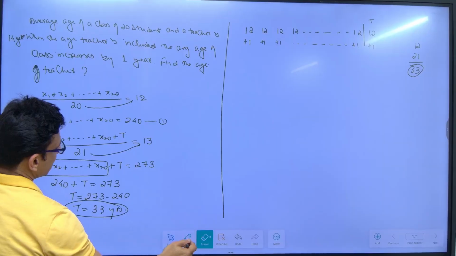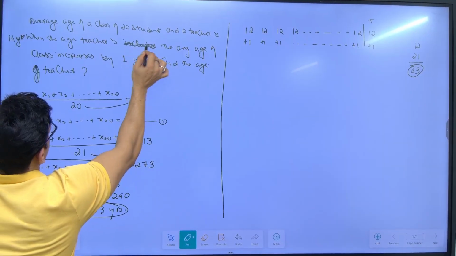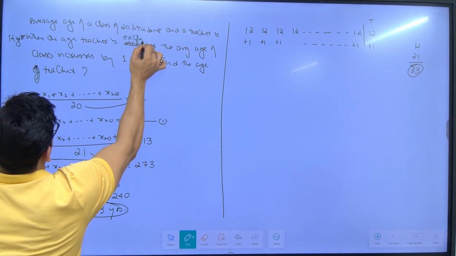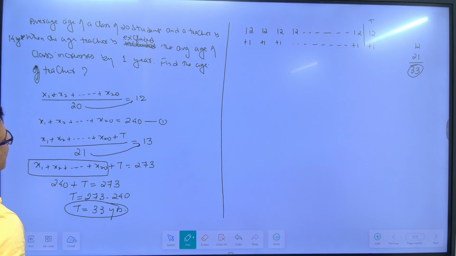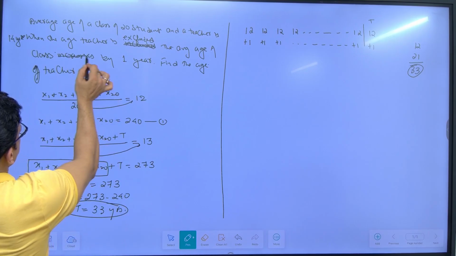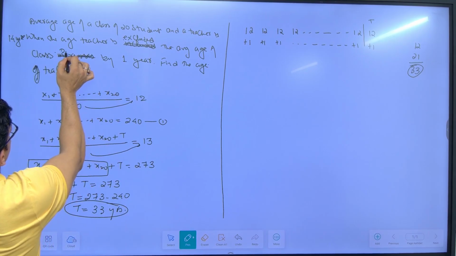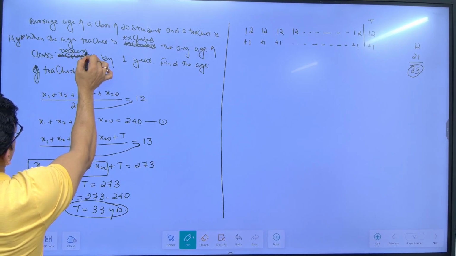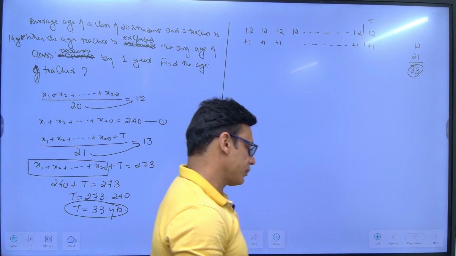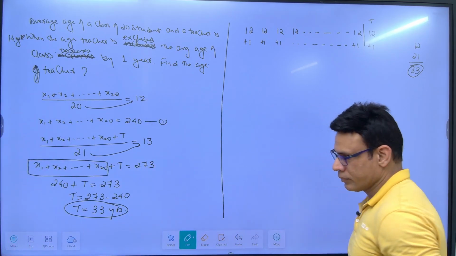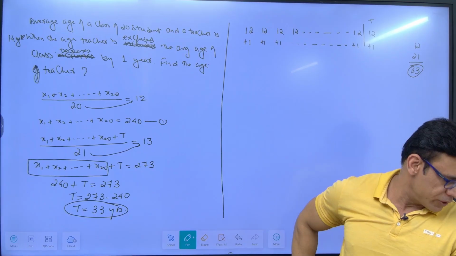The age of the teacher is excluded. The average age of the class decreases by 1 year. Find the age of the teacher.